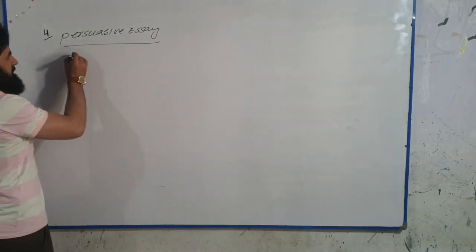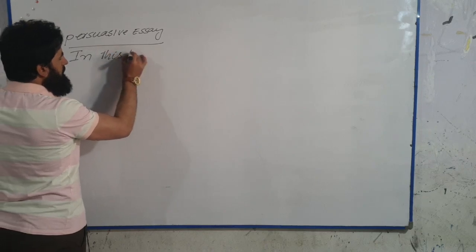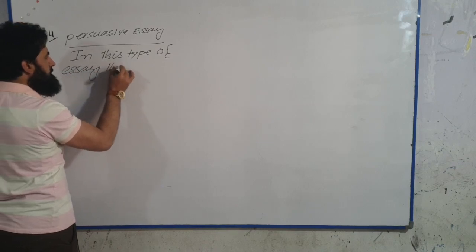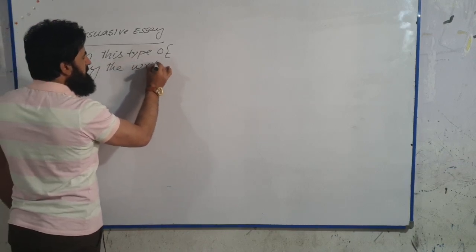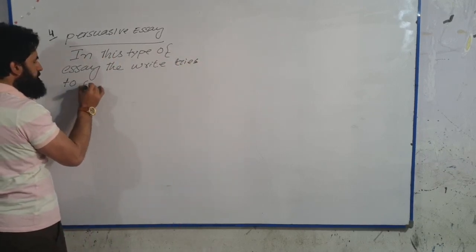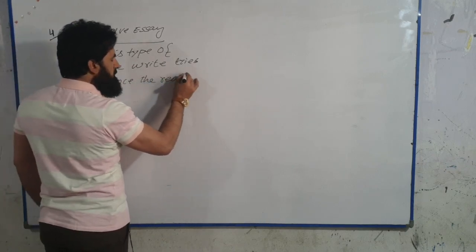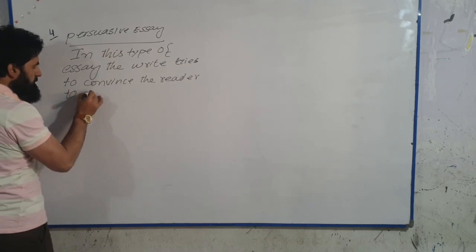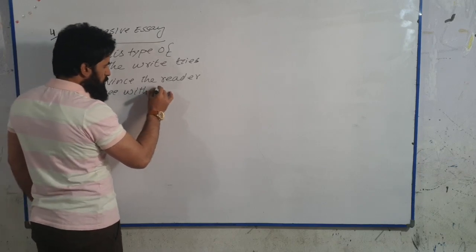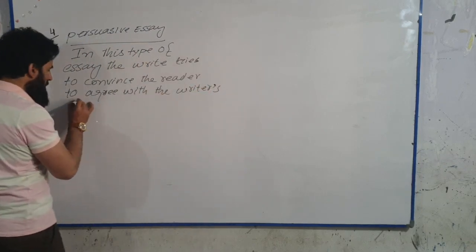In this type of essay, let's define it: the writer tries to convince the reader to agree with the writer's point of view, with the writer's arguments, with the writer's opinion.